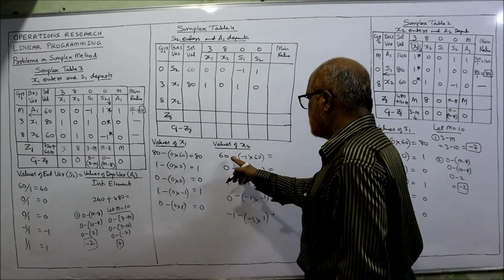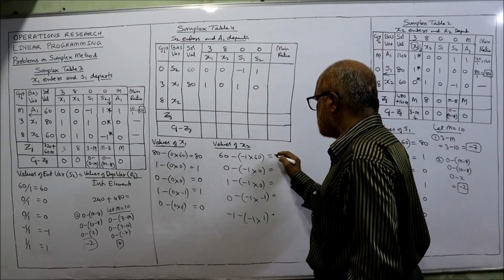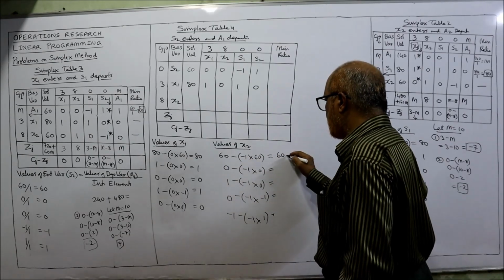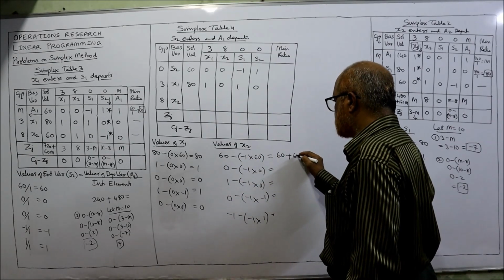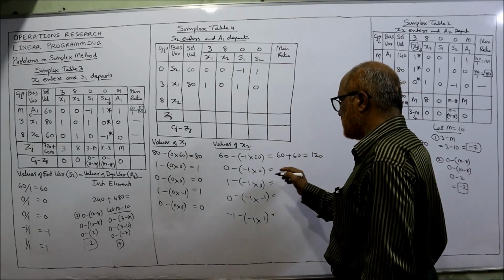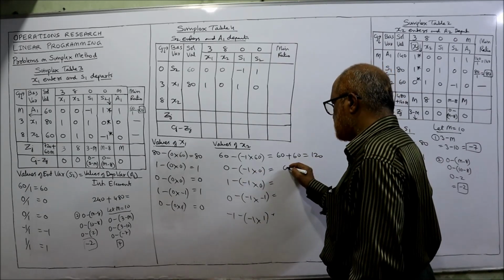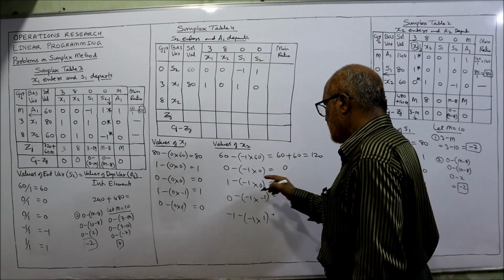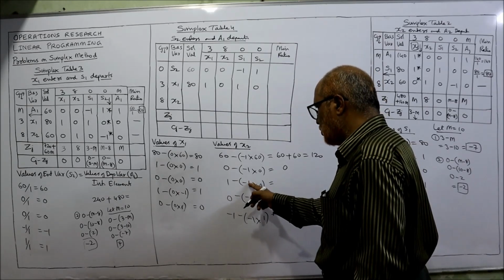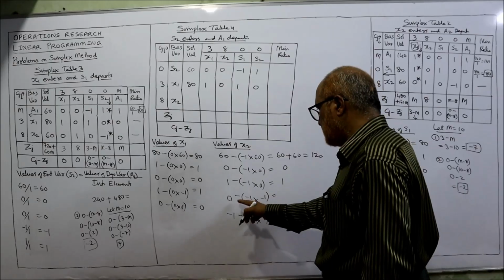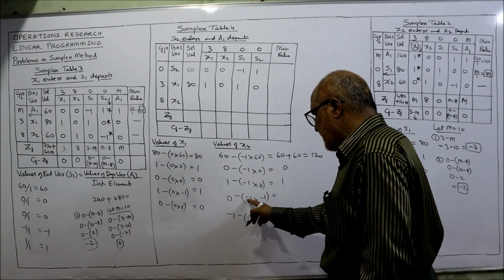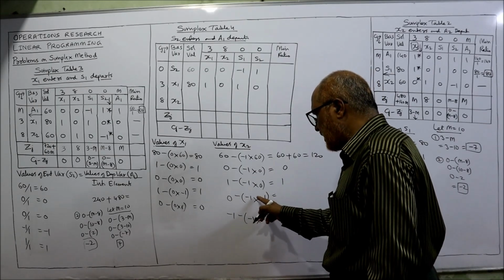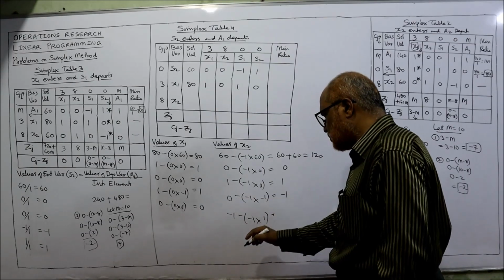Now see carefully. 60: minus into minus will become plus. 1 into 60 is 60. So 60 plus 60, 120. 0 minus 0 is 0. 1 minus 0 is 1. 0 minus, minus into minus will become plus, plus into minus will be minus 1.